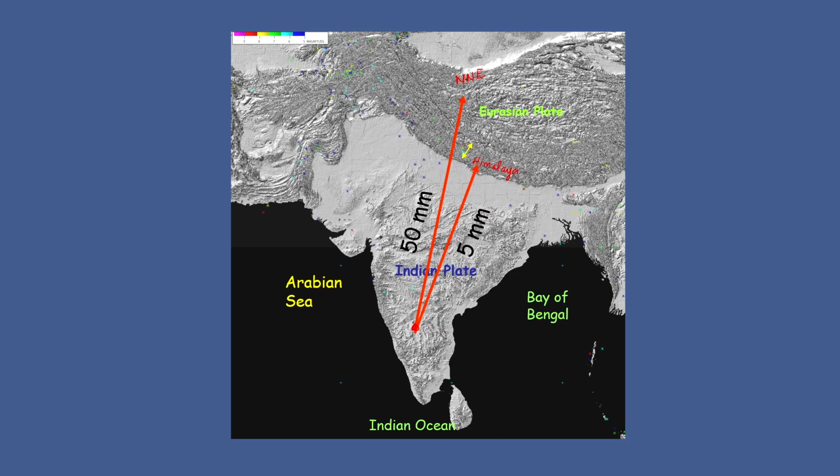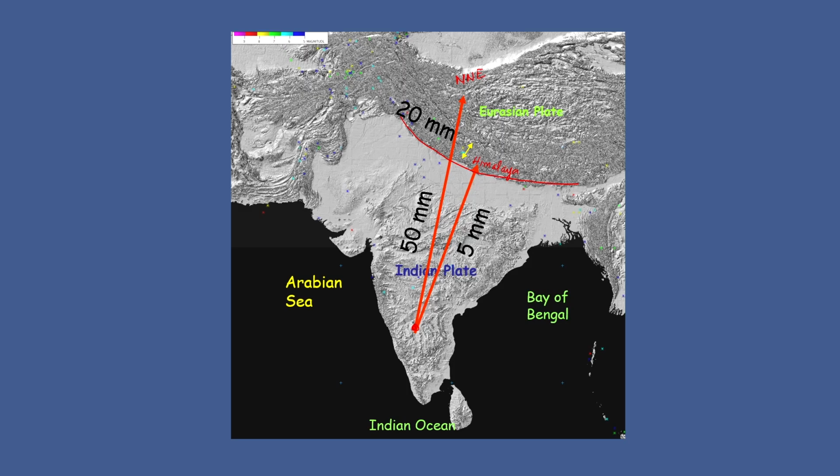So if 50 millimeter is the velocity, or the convergence rate, as we also call it, then 5 millimeter is consumed by the Indian plate up to the boundary of the foothills. So what is left is around 45. Now from that 45, across the Himalaya, around 20 to 22 millimeter, it varies of course, but it is not the same all along the arc. It varies by some 3 to 4 millimeter.